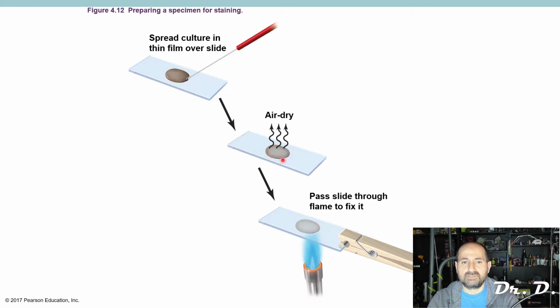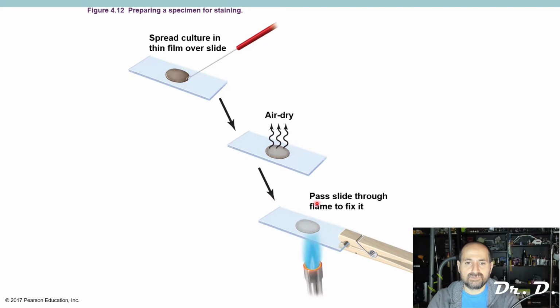Now you've got a scattering of bacteria in this smear. Here's the trick. You don't want to just go ahead and stain at this point, because the bacteria really aren't well stuck to the glass, and they would just wash right off the glass. Does that make sense?